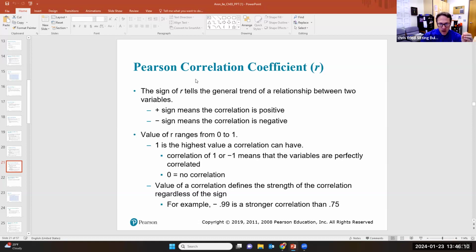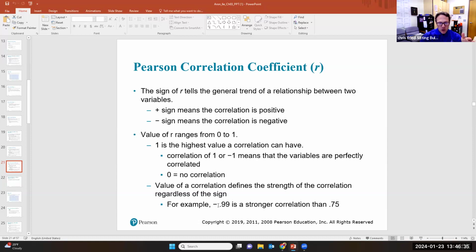Values of this Pearson correlation coefficient can be from -1 to 1. One is the highest value of correlation you can have, and a correlation of 1 or -1 means that variables are perfectly correlated. A 0 means there's no correlation.